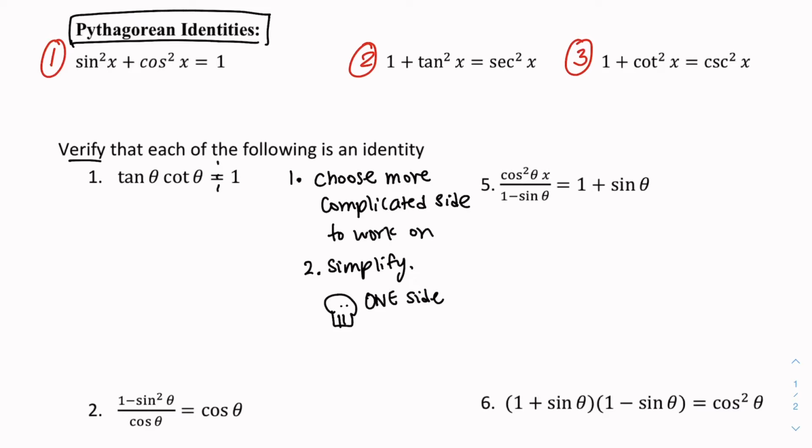Let's draw a dotted line down the middle, down the equal sign. And let's choose the more complicated side. My more complicated side is definitely the left side. Remembering our rules from yesterday, we want to convert everything into sine and cosine.